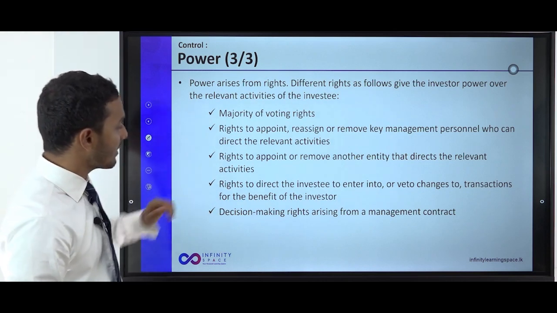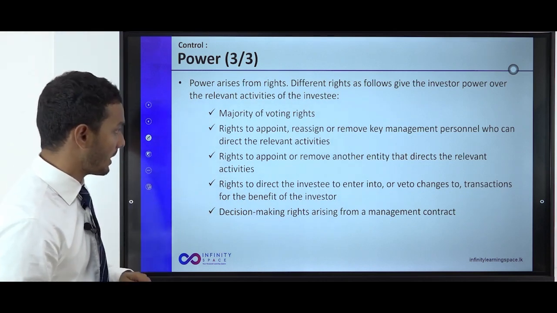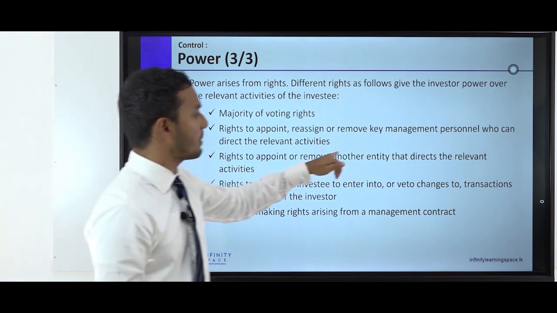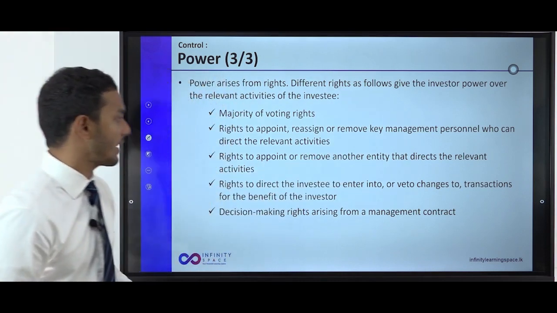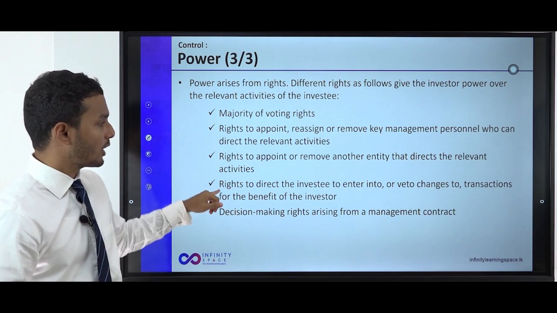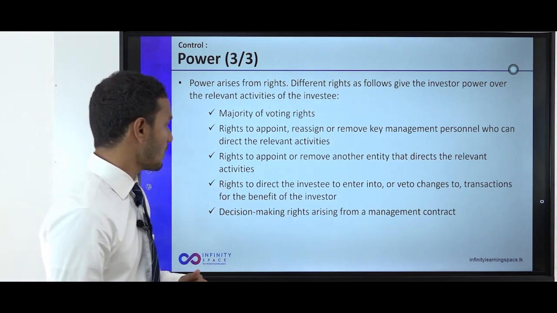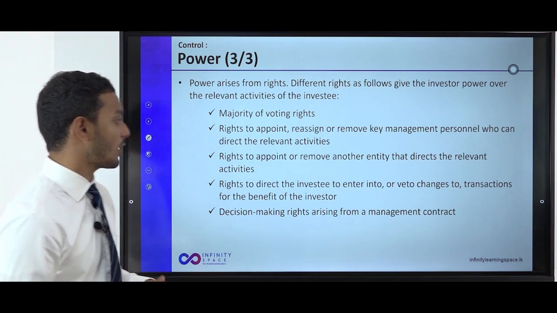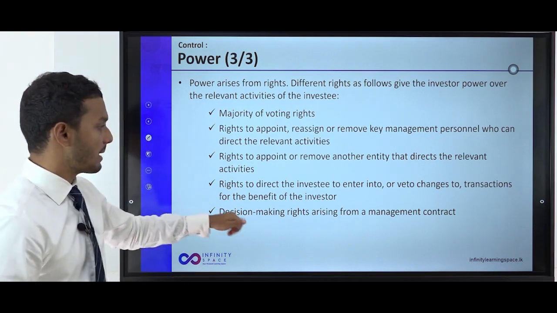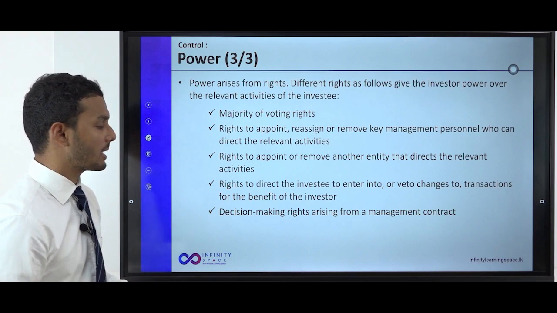Right. Then the last three situations are also similar. The right to appoint or remove another entity that directs the relevant activities, the right to direct the investee to enter into or veto changes to transactions for the benefit of the investor, and decision making rights arising from a management contract.